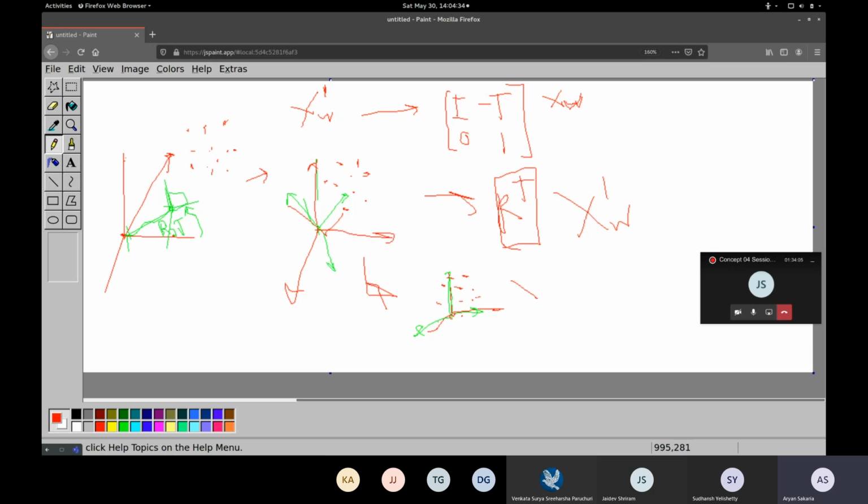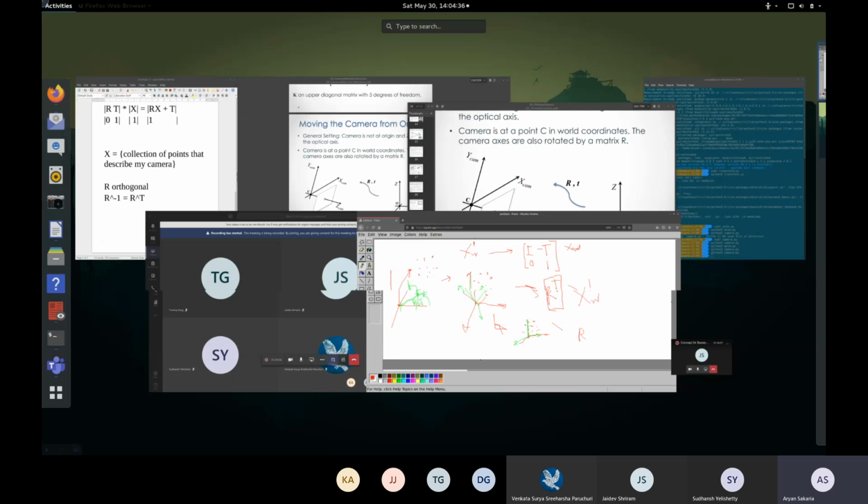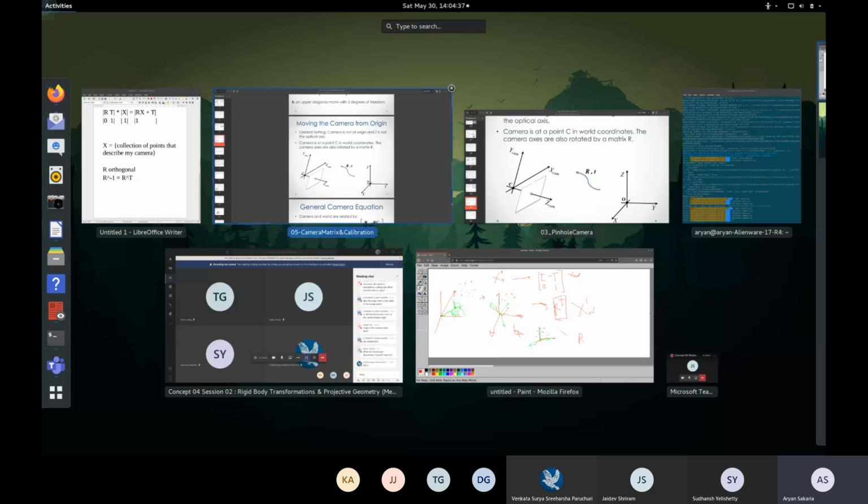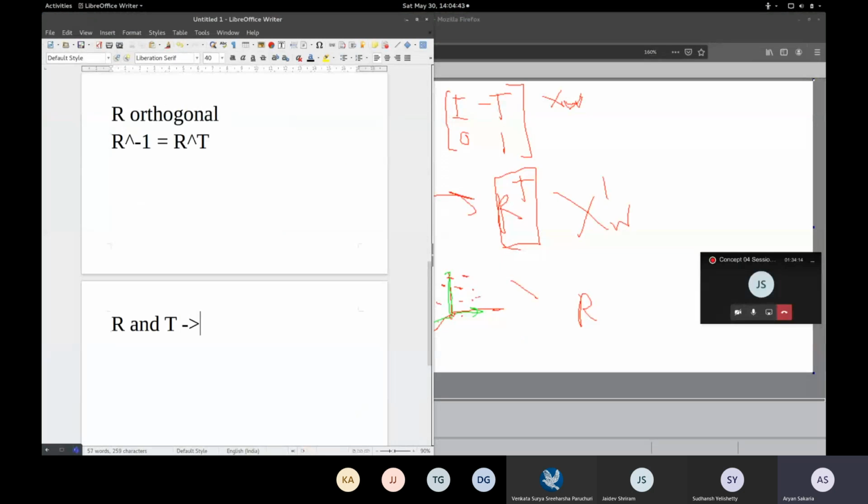If you have a camera whose location is given by R and T, then we have to first do an inverse translation, so we multiply by minus t, and then we do an inverse rotation.